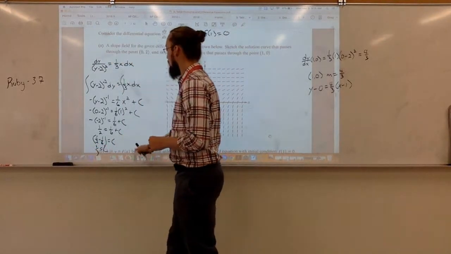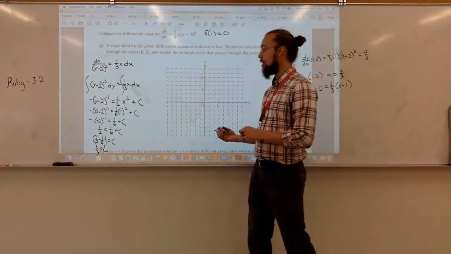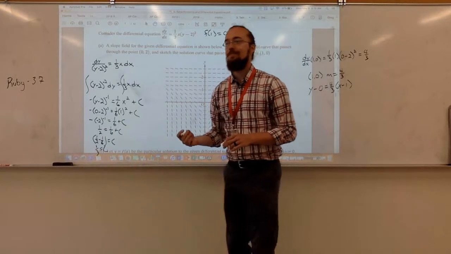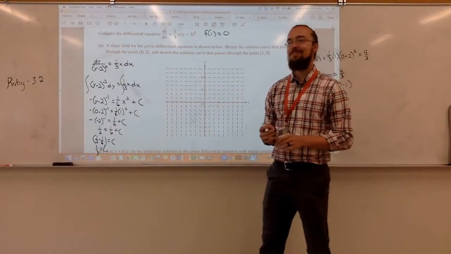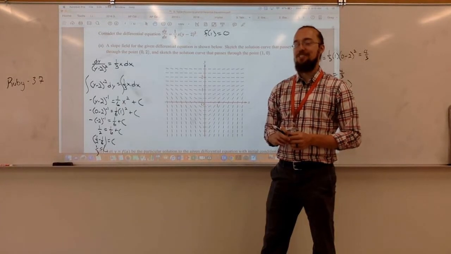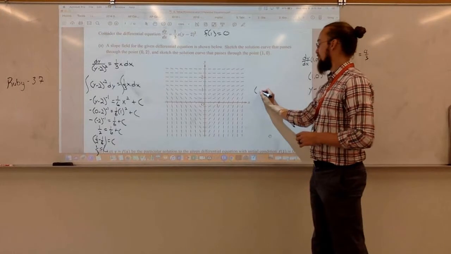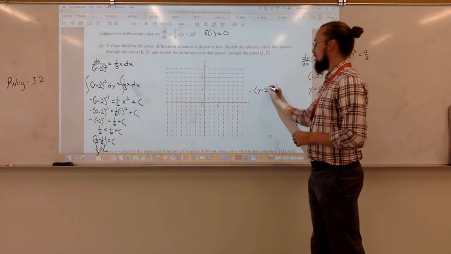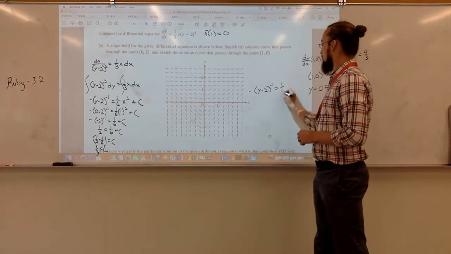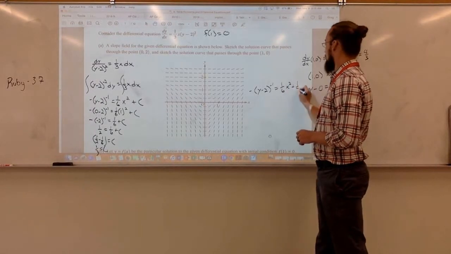So then the final part is to plug that 1/3 back in for c and solve for y. So if we plug this in now, 1/6 x squared plus 1/3.